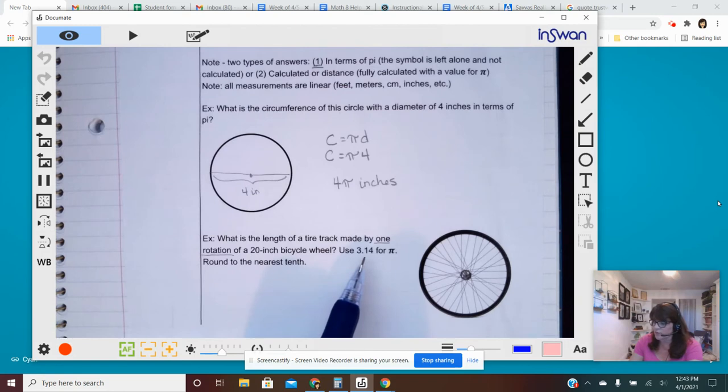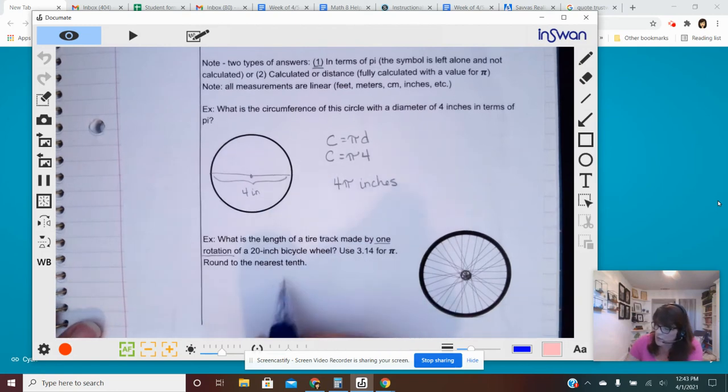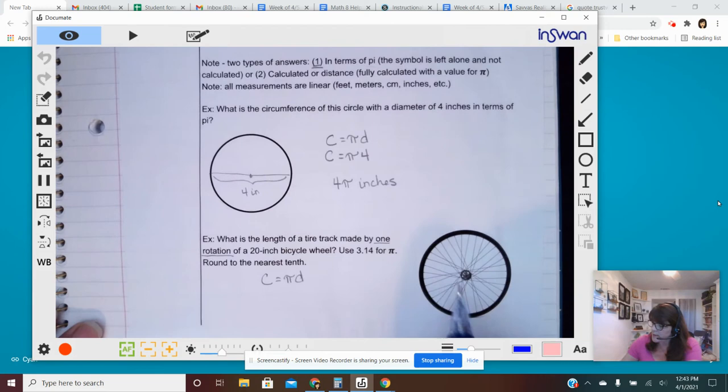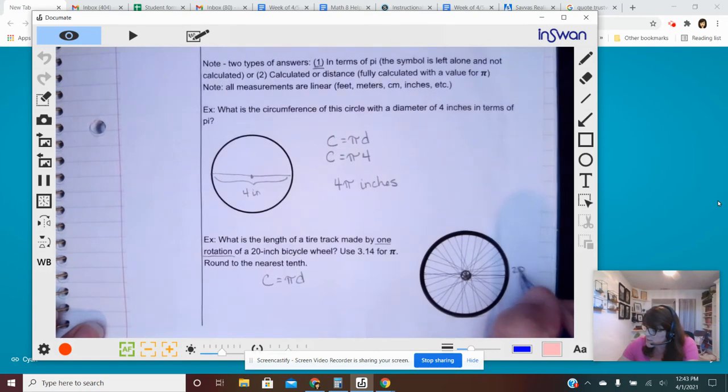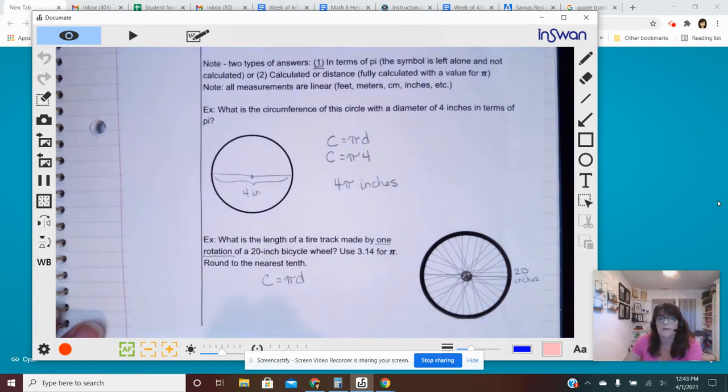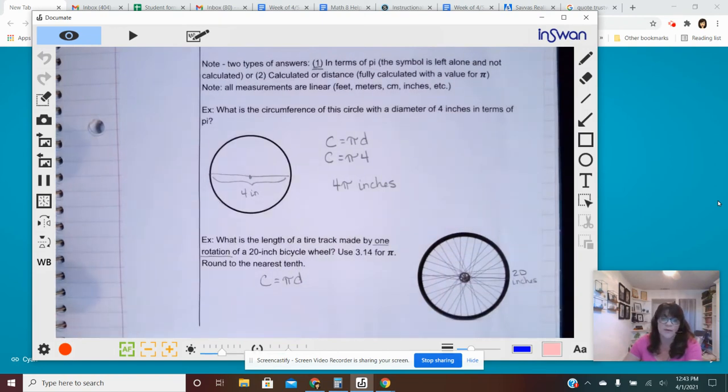What is it asking for? Okay, so circumference is pi times diameter. They said that this was a 20-inch bicycle wheel. So that means that all the way across, that's 20 inches. If they only told me the radius, I could still figure out the diameter.